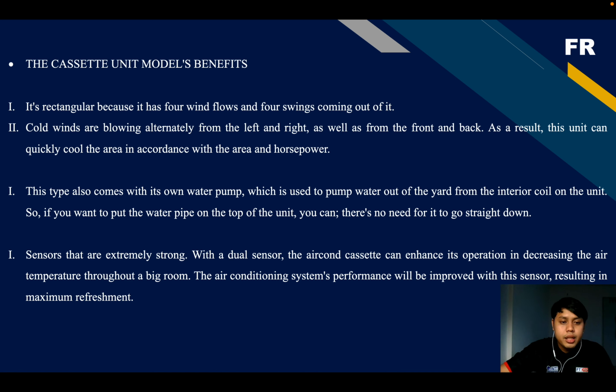Third, this type also comes with its own water pump, which is used to pump water out of the unit from the interior coil. So, if you want to put the water pipe on the top of the unit, there is no need for it to go straight down.